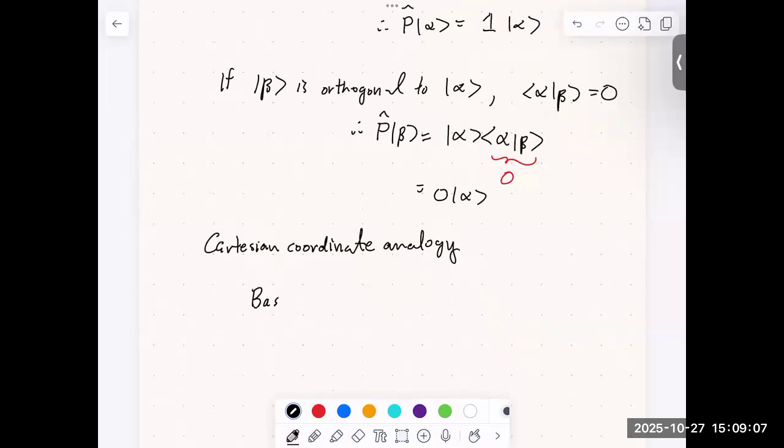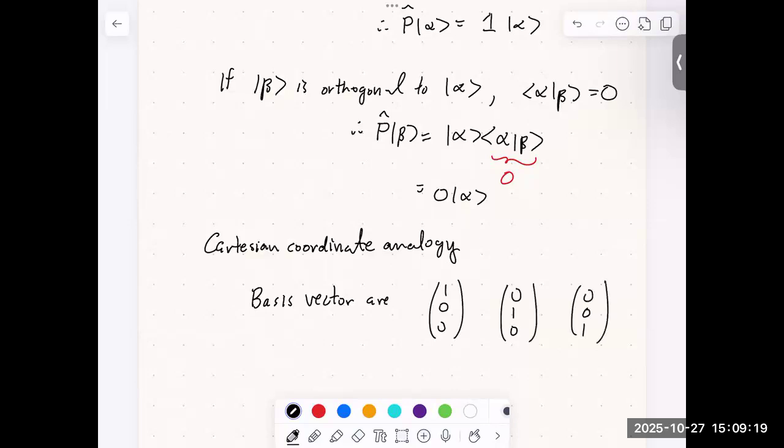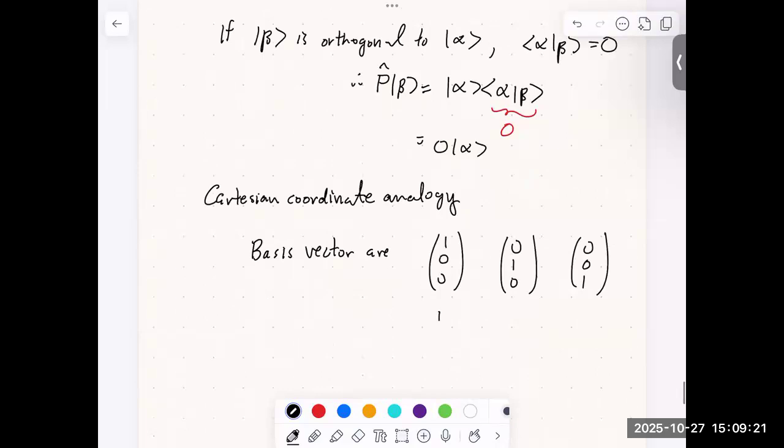So our basis vectors, in Cartesian coordinates, we use basis vectors i hat, j hat, and k hat. And if we wanted to, we could think of them in terms of these column matrices. So i hat is just going to be aligned exactly along the x direction, j hat along y, and k hat along z.